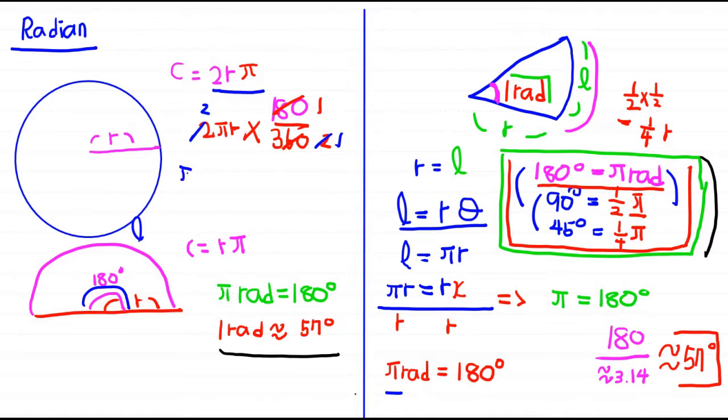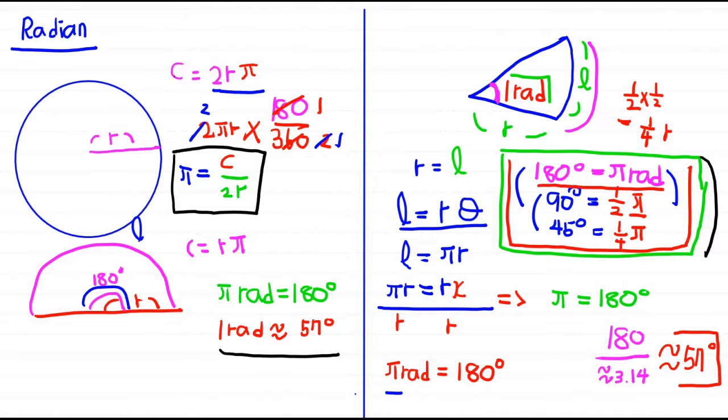The value of pi is a fraction: the circumference, I'll write C, over the diameter, which is 2 times r. This relation, C over 2r, is pi when we talk about the circle.